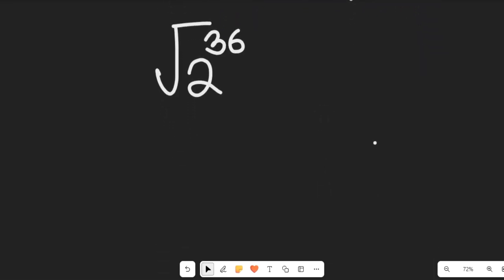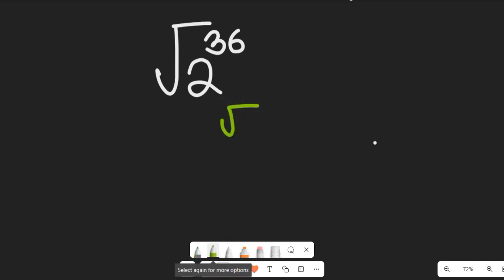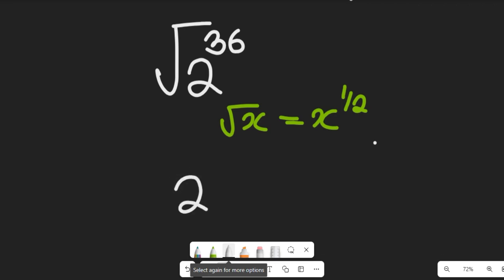Now, what do we do from here? Recall that the square root of any value x can be equal to x to the power of 1 divided by 2. So that square root will be taken away, and that expression will now give me 2 to the power of 36 multiplied by 1 divided by 2.